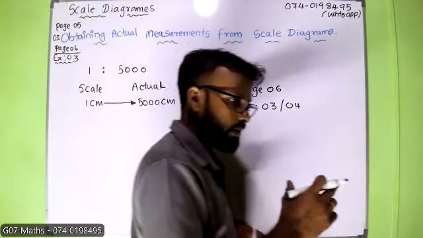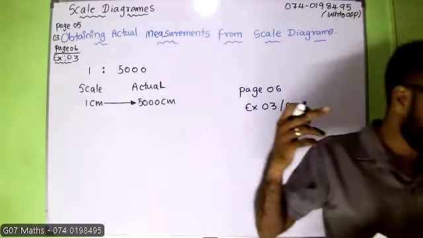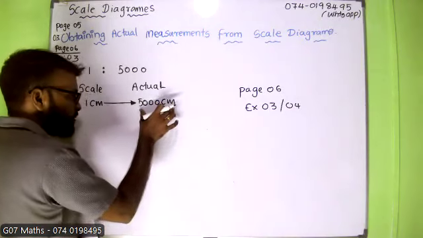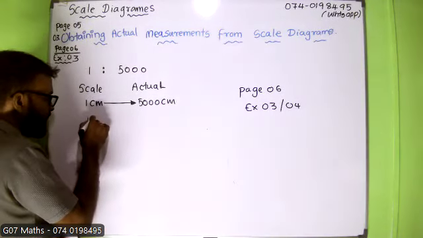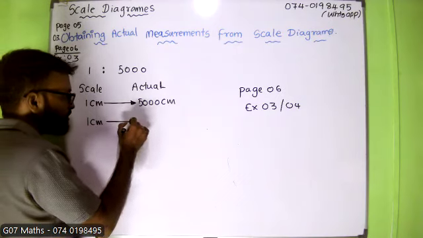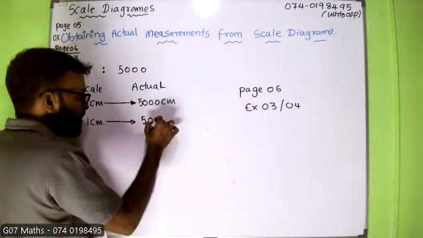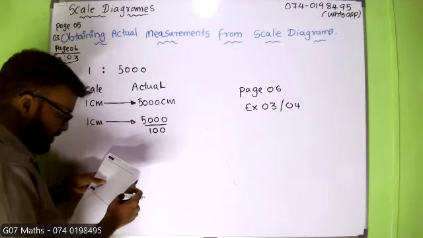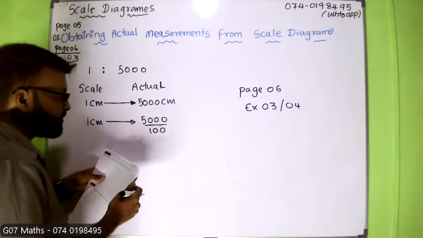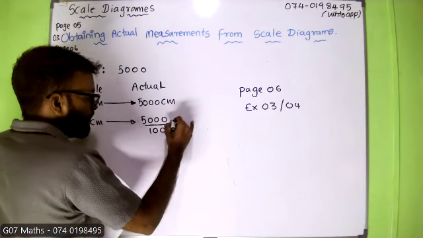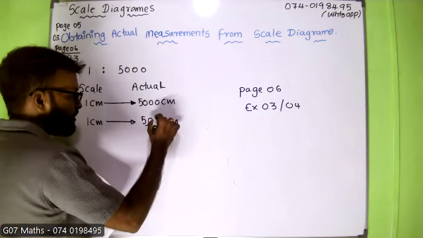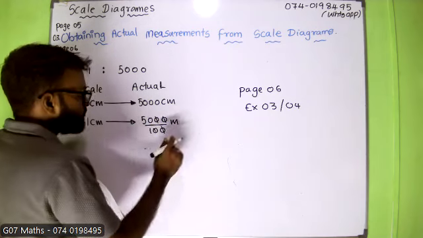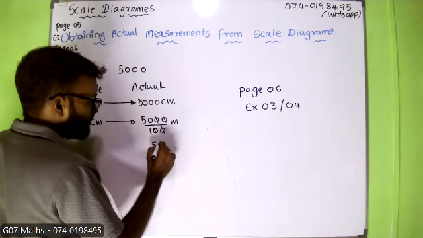How do we convert 5,000 centimeters into meters? 5,000 divided by 100. So it is 50 meters.